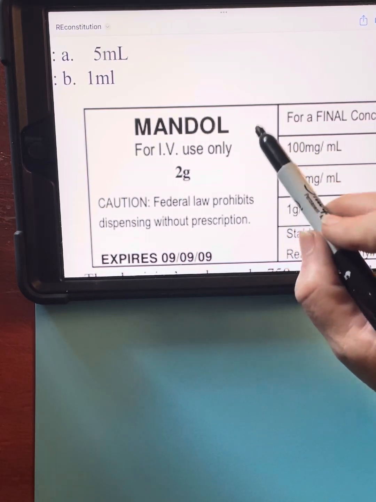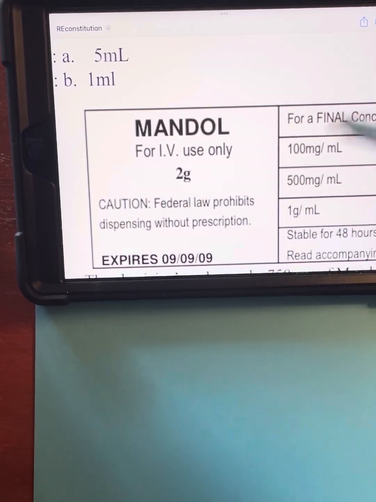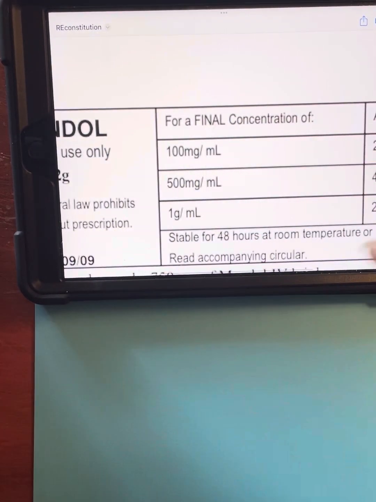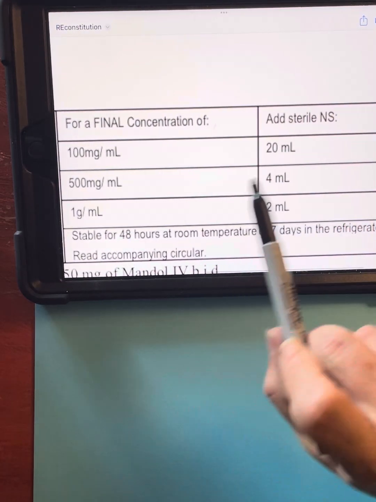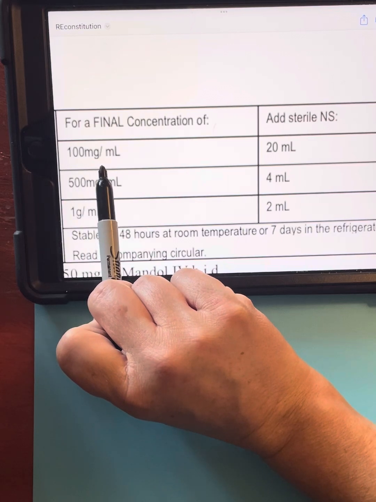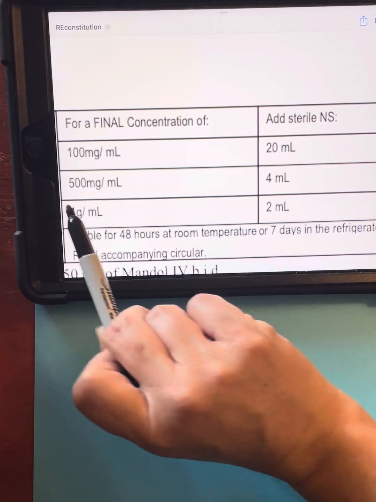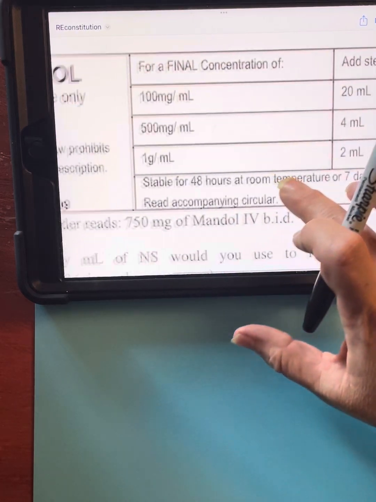Okay. Mandol, who knows? IV, 2 grams. That's how much the powder is in the vial. And then for final concentrations, we have options. 20 milliliters will make 100 milligrams per 1 milliliter, 4 makes 500, and 2 makes 1 gram.